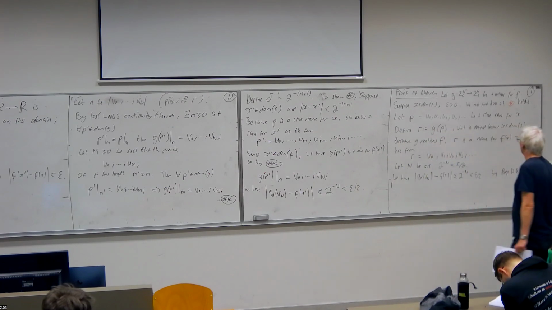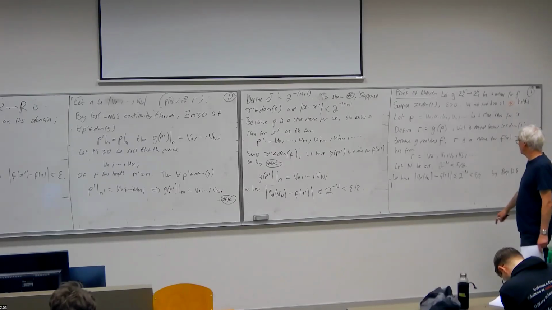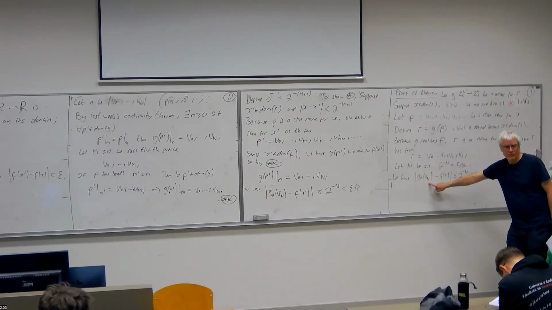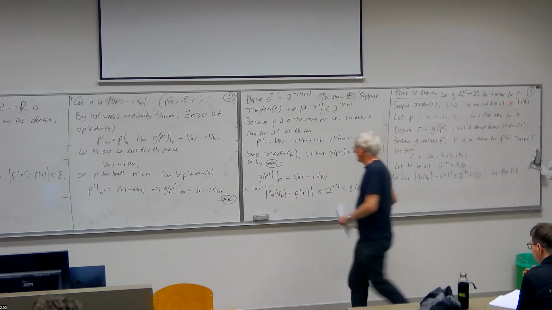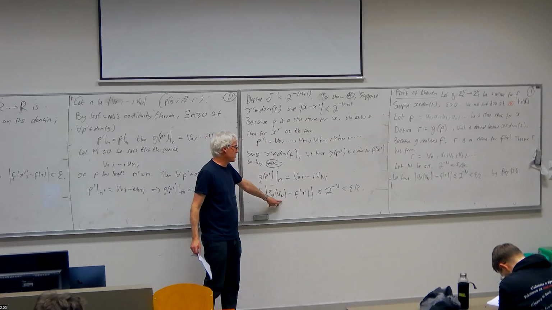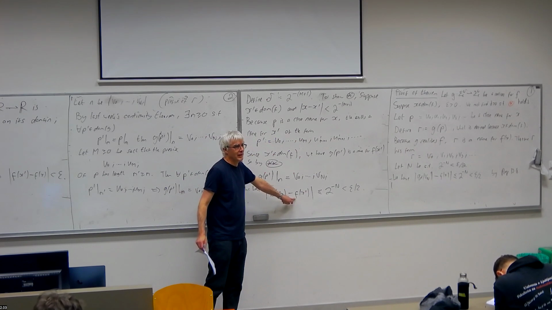Okay. So here we have the distance of f of x from the dyadic rational b of n is less than epsilon over 2. And the distance of f of x prime from the dyadic rational b of n is less than epsilon over 2. So putting those two together, the distance of f of x prime from f of x is less than epsilon.